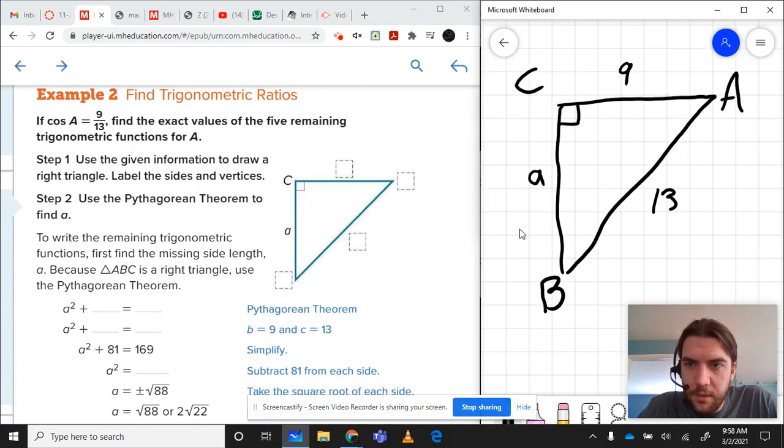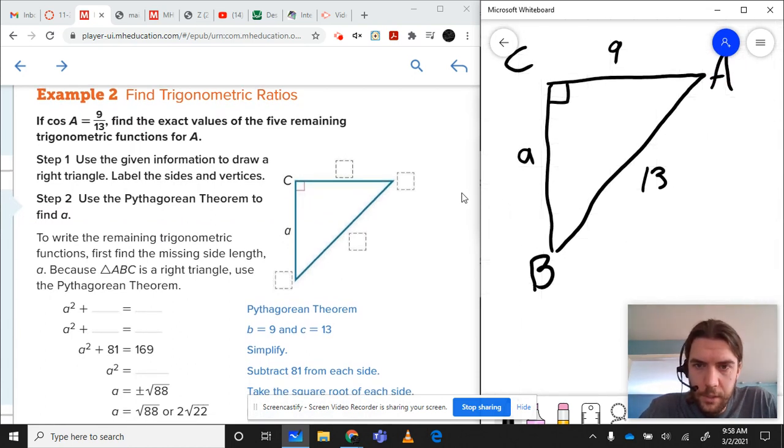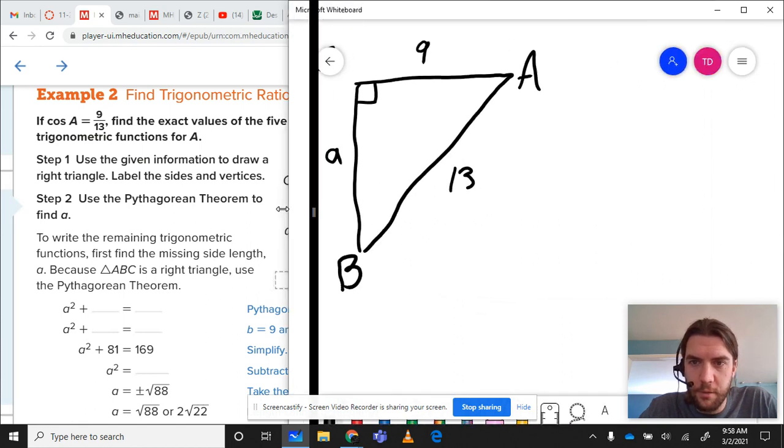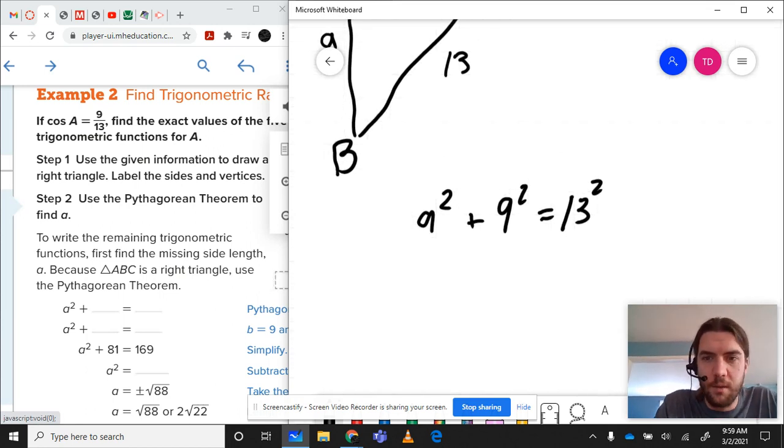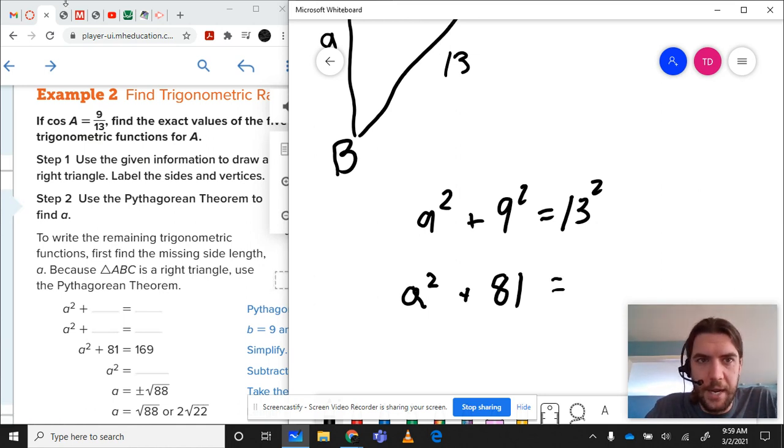Anytime with a right triangle, we should always be able to find the third side if we have two of them. So we're going to have A squared plus 9 squared equals 13 squared. The Pythagorean Theorem is probably one of the most important things to know in geometry because it describes relationships between the sides in the most basic shape that we have, the triangle.